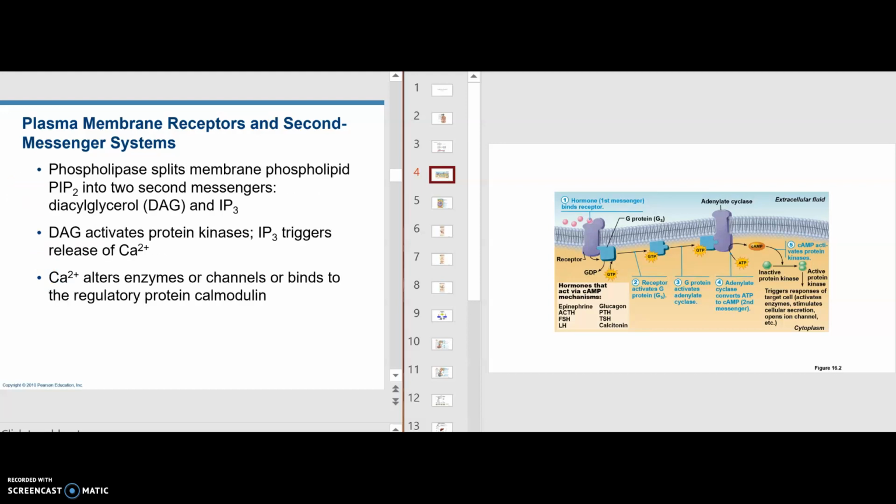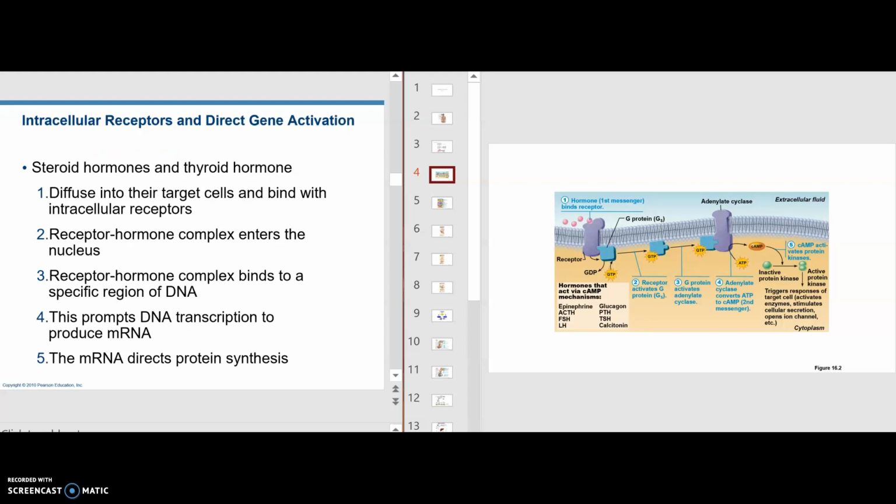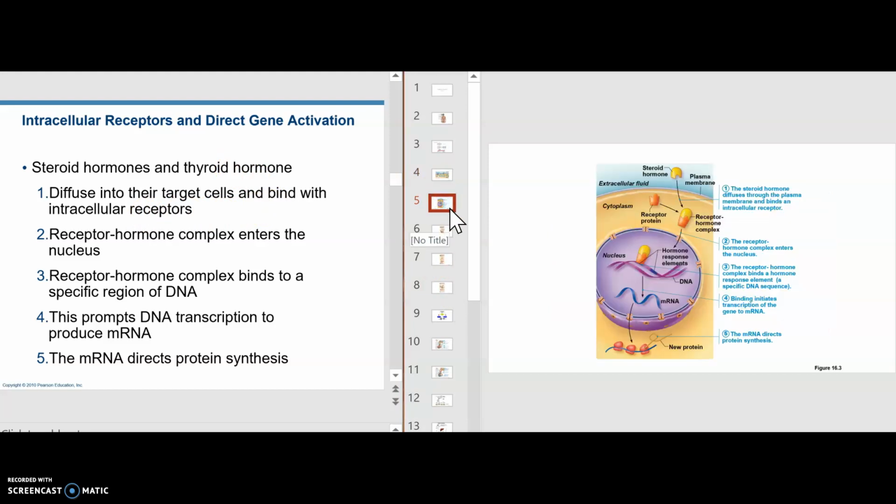Okay, so we go further. Now, the steroid hormones, on the other hand, can pass through the cell membrane, and also thyroid hormone, even though it's an amino acid hormone, can pass through. And so what happens in this case is, since it can pass through the cell membrane, it can diffuse into the target cell and bind with receptors inside. Sometimes the receptors are in the cytoplasm, and sometimes they are directly on the DNA.